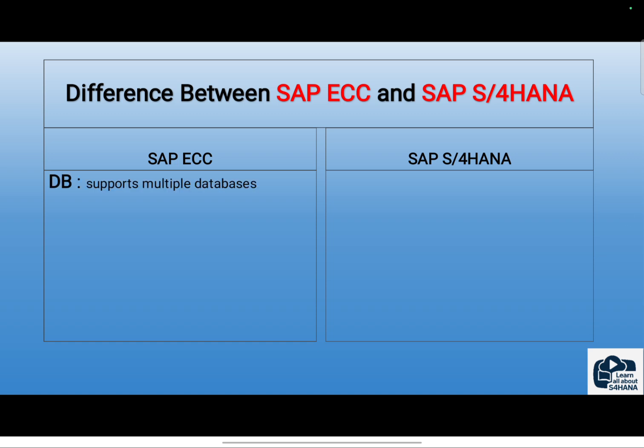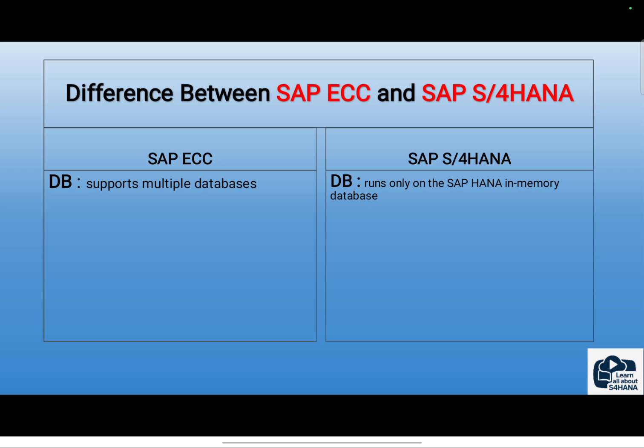Let's jump in. First thing, database. ECC supports multiple databases, whereas S/4HANA runs only on the SAP HANA in-memory database. Multiple database support, like Oracle, SQL or DB2, could be slower and impact performance.